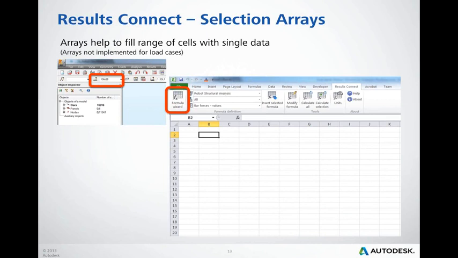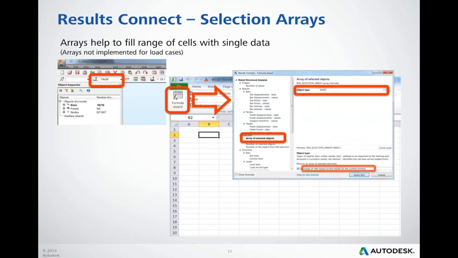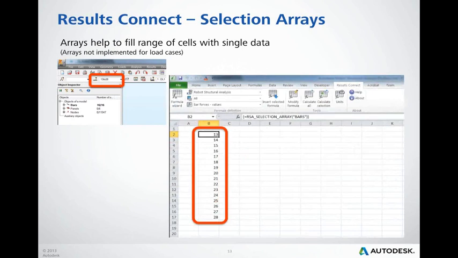So after selection in Robot, we can use the formula wizard and then, for example, use arrays, select the type of object, and then activate the checkbox underneath and the Insert button. Then the program will fill the whole selection in cells one below another. It will help us later on to use Results Connect.